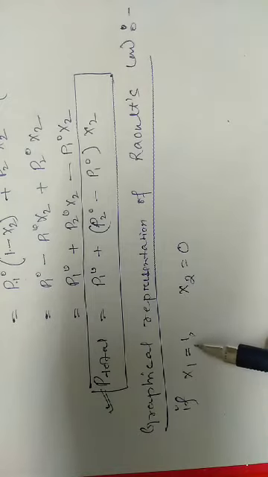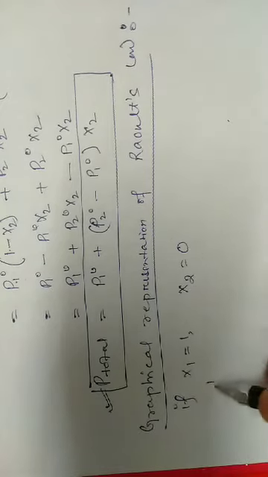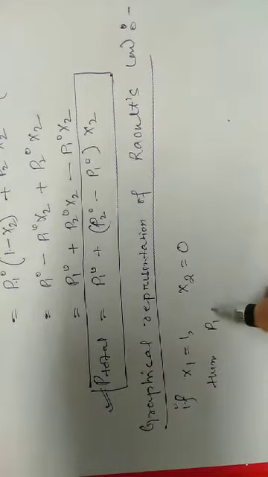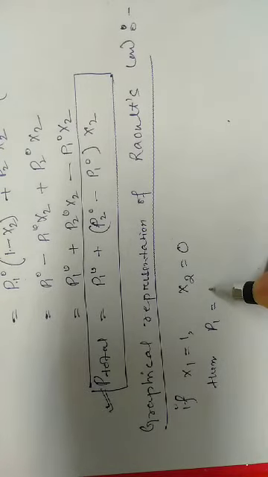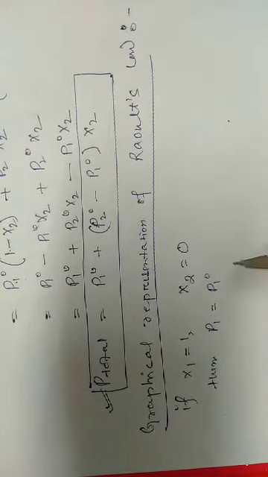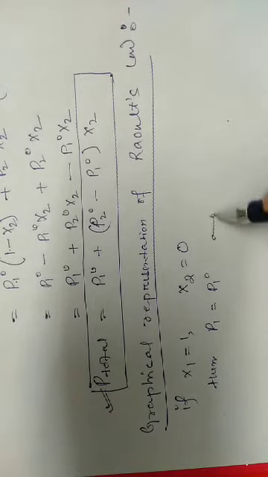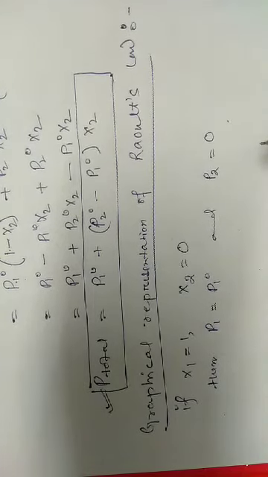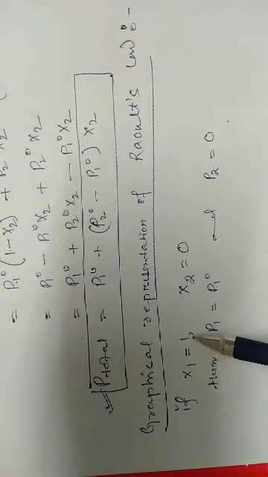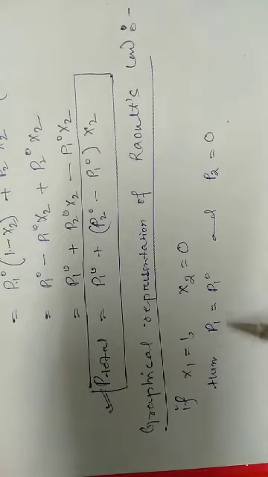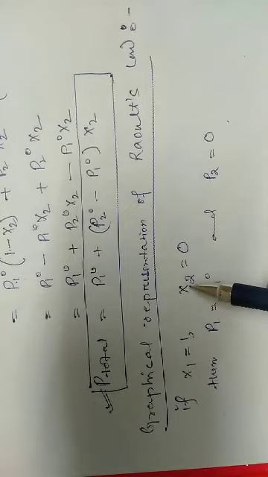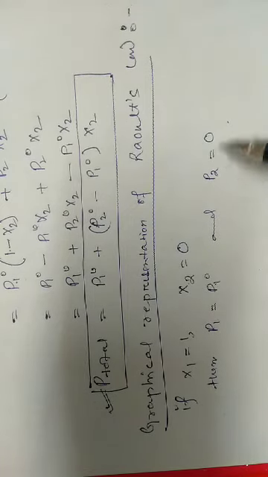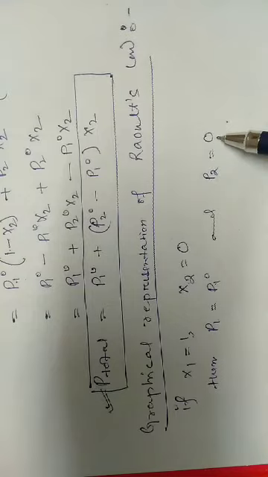So if X1 equals 1, then P1 equals P1 naught, and P2 equals 0. If X1 equals 1, P1 equals P1 naught, and if X2 equals 0, P2 equals 0. How?